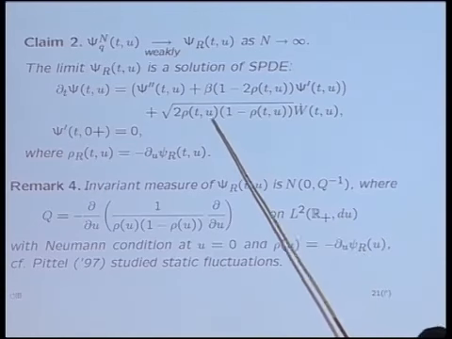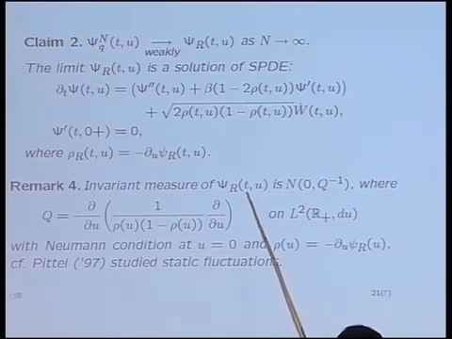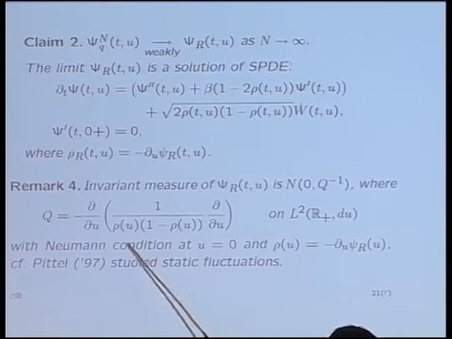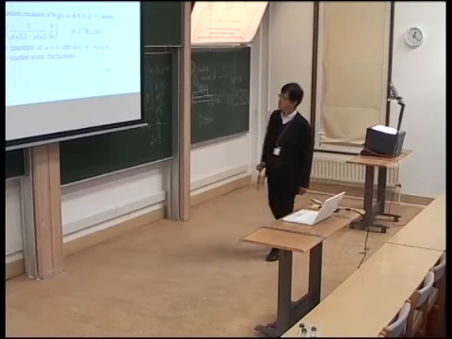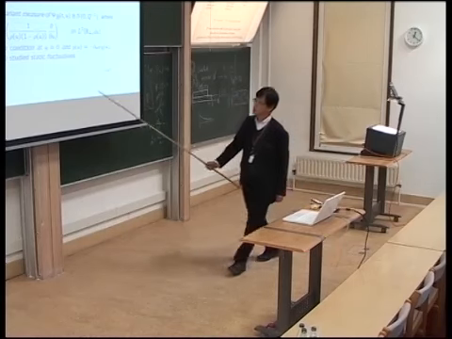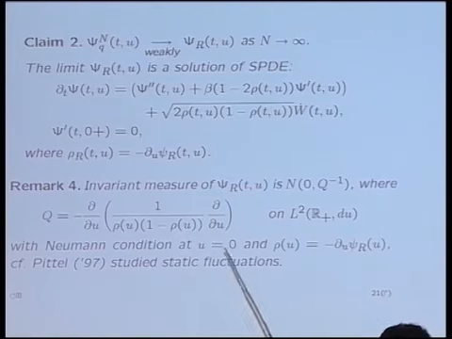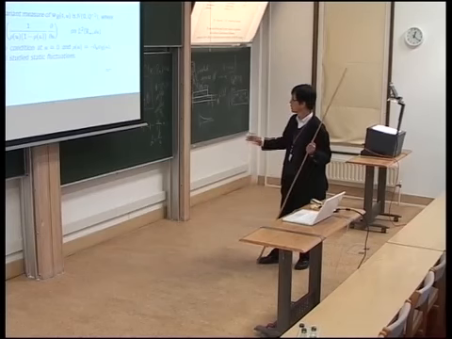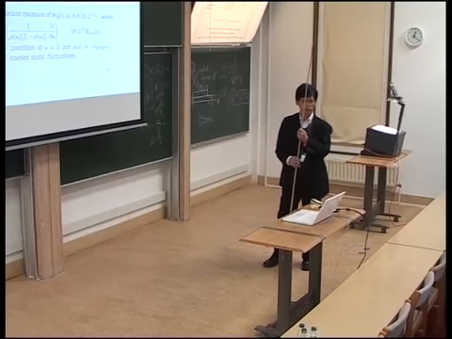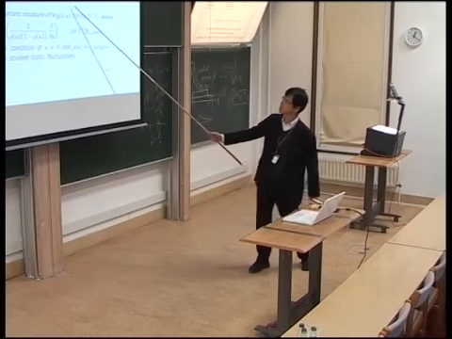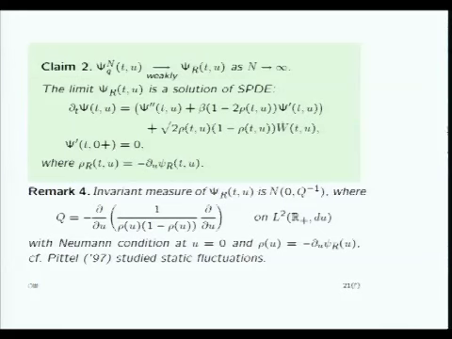Of course, invariant measure means t goes to infinity. Therefore, rho is just a derivative of the Vershik curve. In fact, Pittel studied the static fluctuation, and actually the canonical measure, not the grand canonical measure. We are studying the grand canonical measure.